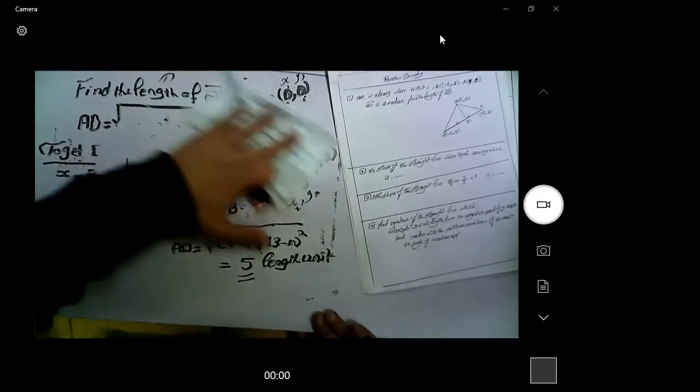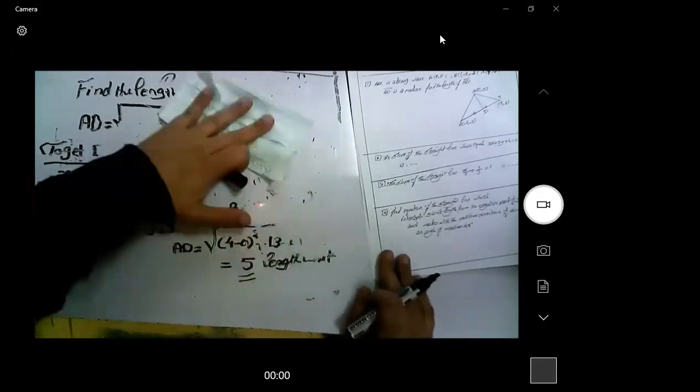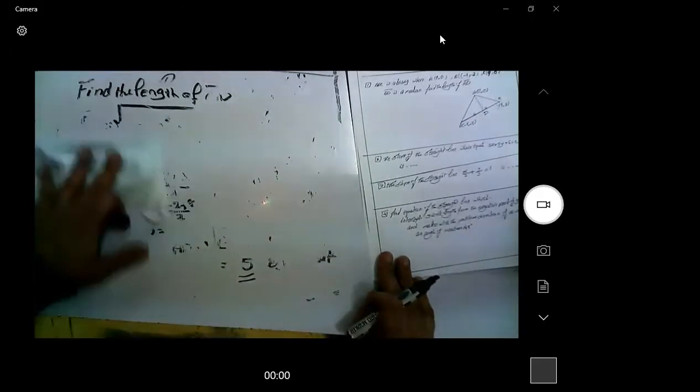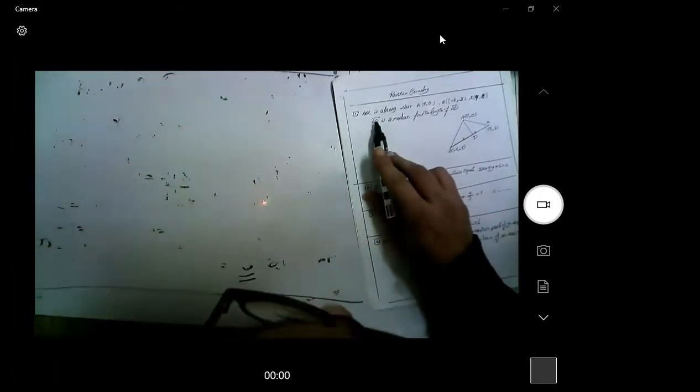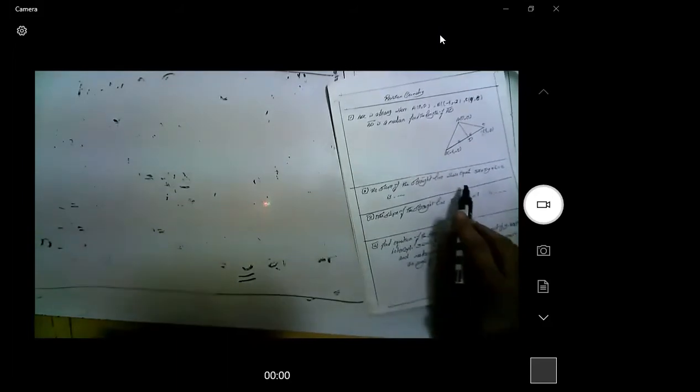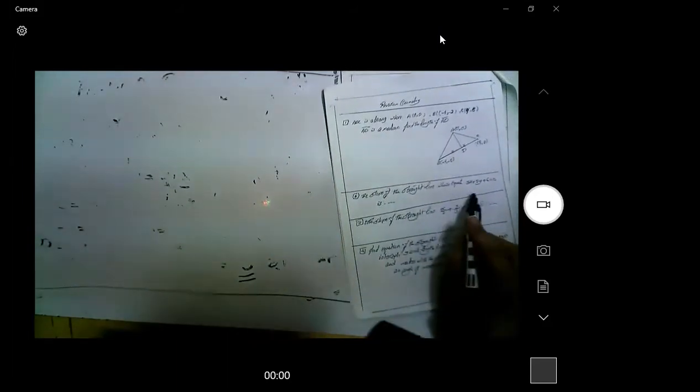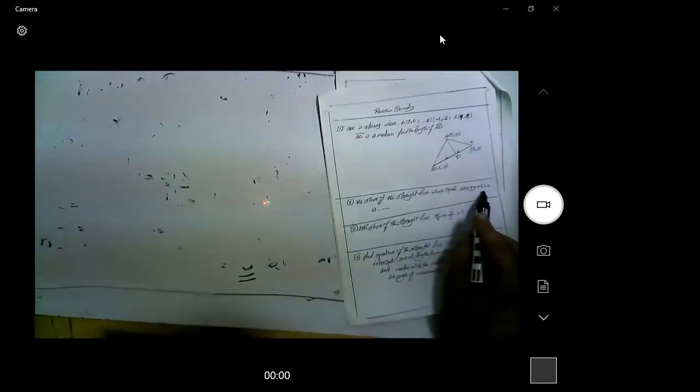The second question: the slope of the straight line whose equation is 3x plus 5y plus 6 equals 0.